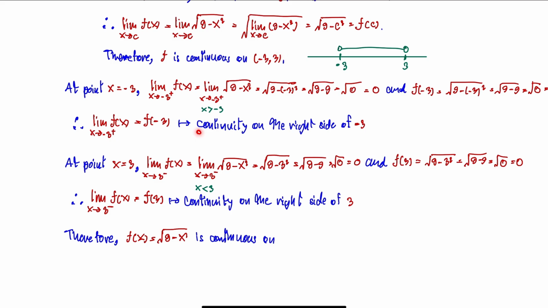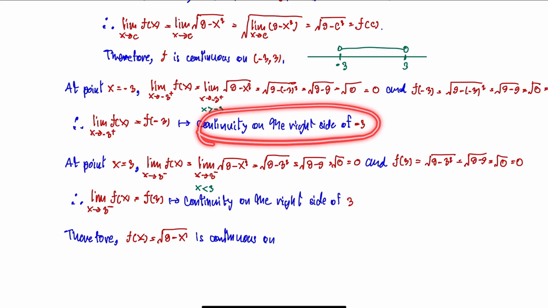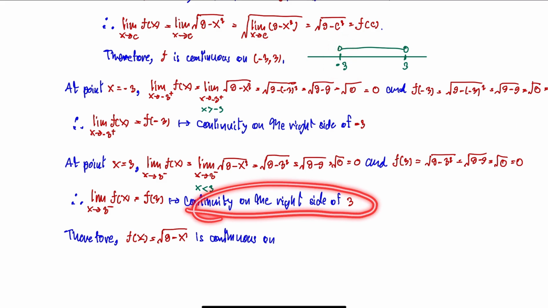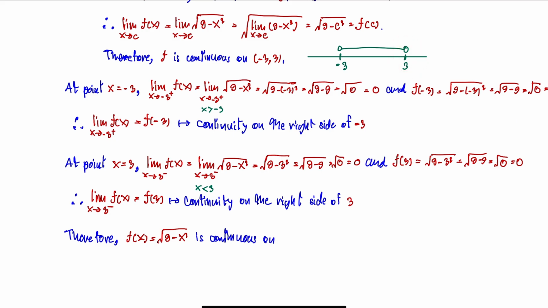And we have continuity on the right side of minus 3, which is the endpoint on the left side. And we already have continuity on the left side of 3, which is the endpoint on the right side. Therefore, this function is continuous on the closed interval from minus 3 to 3.